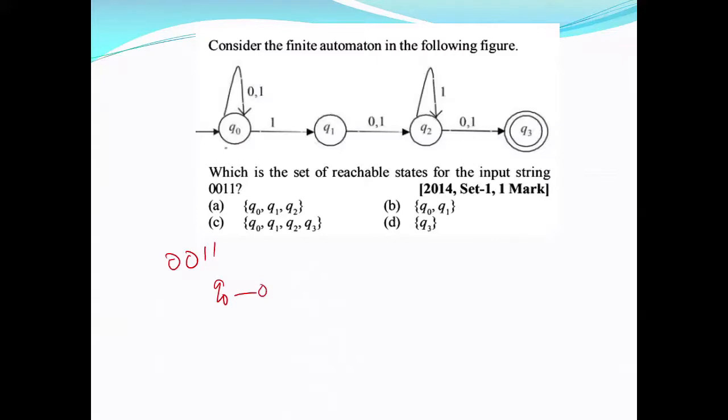Q0 on 0 is Q0. Okay. Then Q0 on 0 is once again Q0. Now Q0 on 1. Q0 on 1, it can go to Q0 or it can go to Q1. So now you will get Q0 comma Q1. Right? Q0 and Q1. Now Q0 and Q1, your next input symbol is 1.